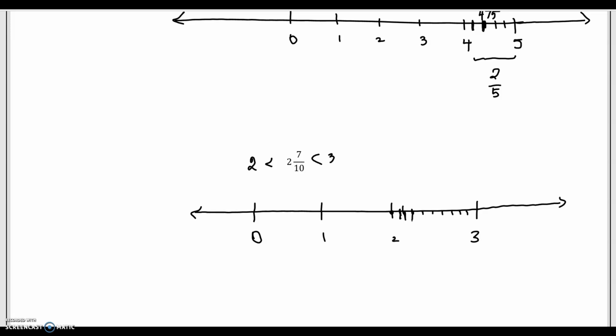That's 2/10. That's 3/10, 4/10, 5/10, 6/10, 7/10, and this is 7/10. But we are 7/10 past 2, so it's 2 and 7/10. So it's 2 and 7 out of 10 equal parts between 2 and 3.